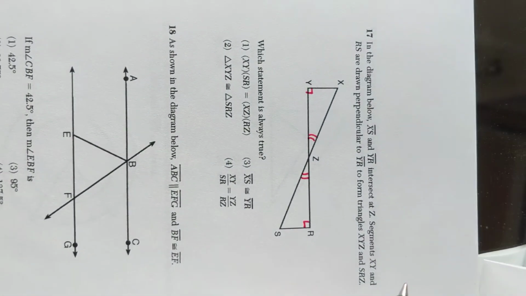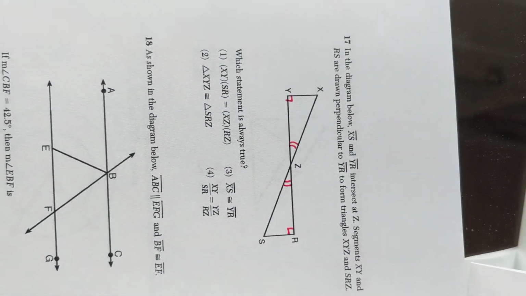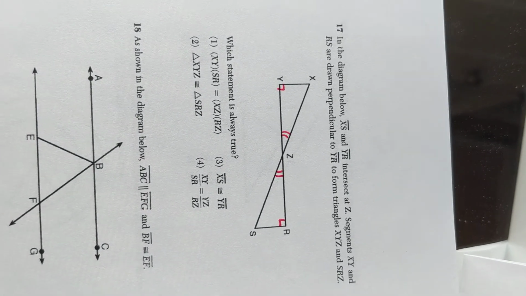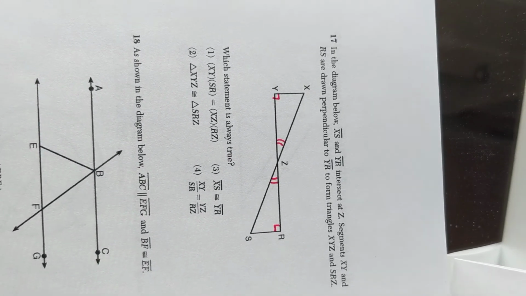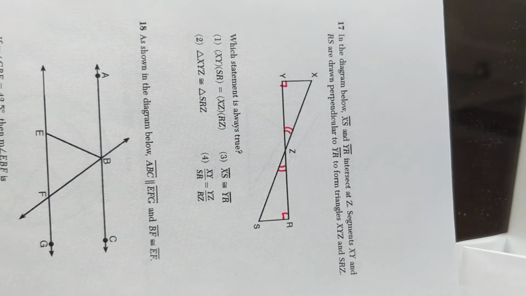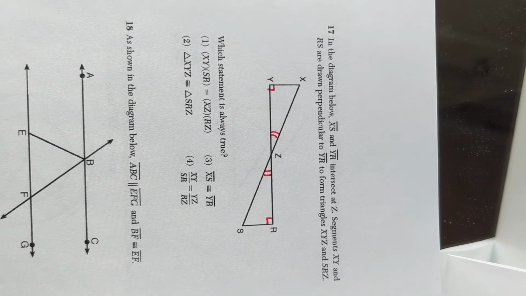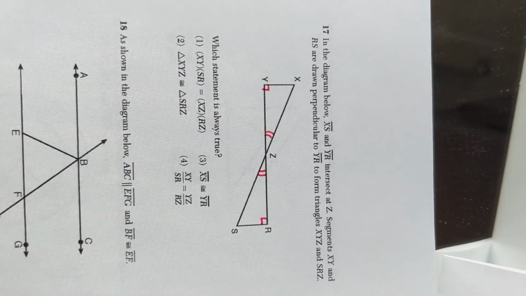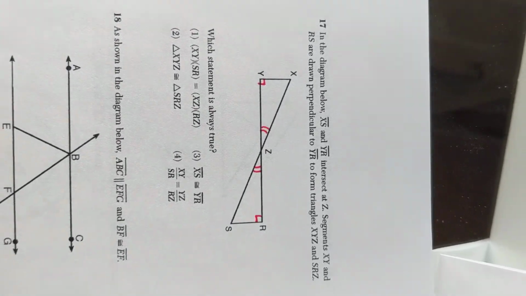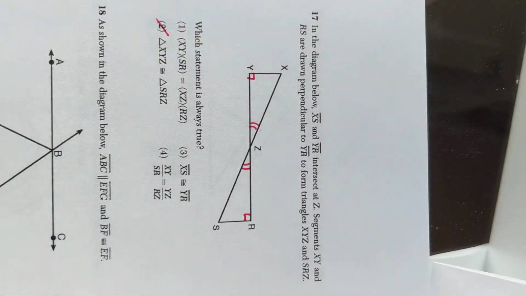So what we really have here, for sure, is two similar triangles. We don't know anything about the sides, so we don't know that they're congruent. So when it asks which is always true, well, it could be true that they're congruent, but we don't know for sure. So we're going to cross off that the triangles are congruent.